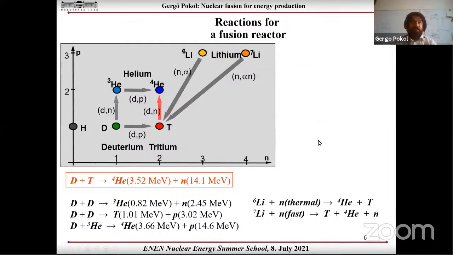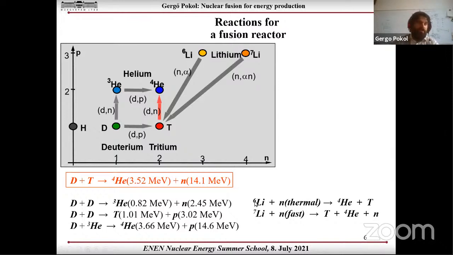And actually we are kind of lucky because we have lithium, and lithium is just a bit heavier than helium-4. And actually the specific binding energy of lithium is much lower.